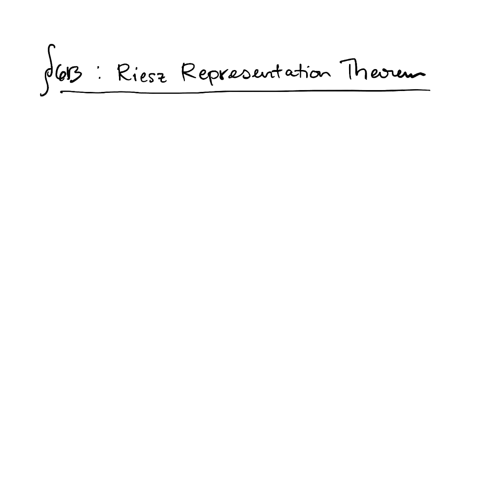And this last video is about what's called the Riesz Representation theorem, which is an absolute classic in the study of inner product spaces, or more generally, in the study of what are called Hilbert spaces.